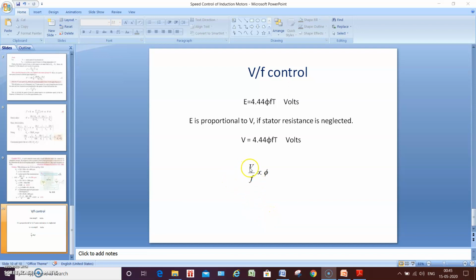Suppose I am varying the voltage at a ratio A, the frequency also should be varied at the same ratio A. A can be 10%, 5% or 50%, whatever the case may be. If it is A into V and A into F, the A and A will get cancelled, and again the ratio will be maintained at a constant value.